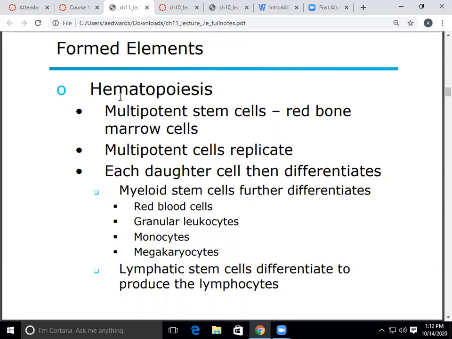Okay. So the lymphatic system, or stem cells of the lymphatic system, will differentiate to produce lymphocytes. So that's why lymphocytes have their name, because they are cells that have a lymphatic function.